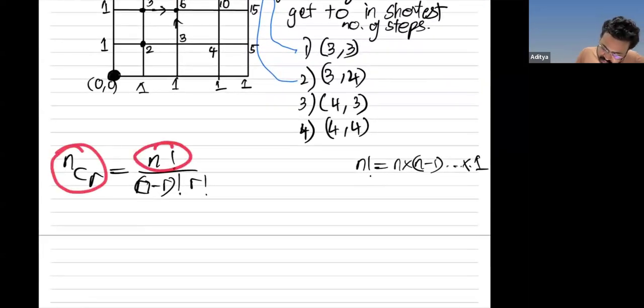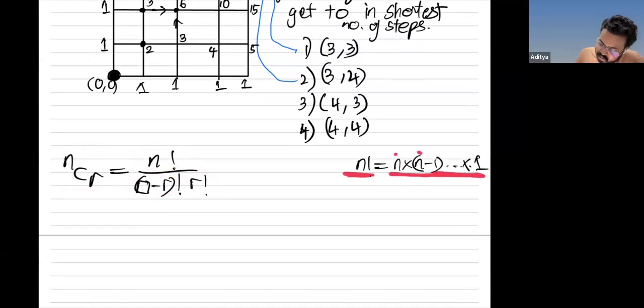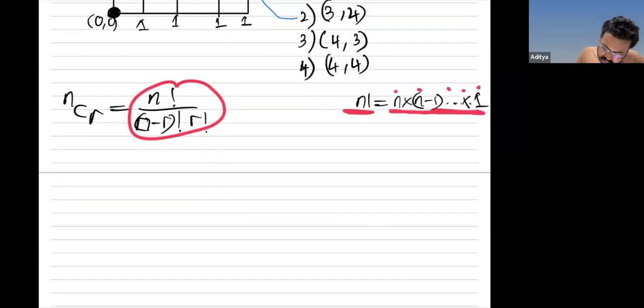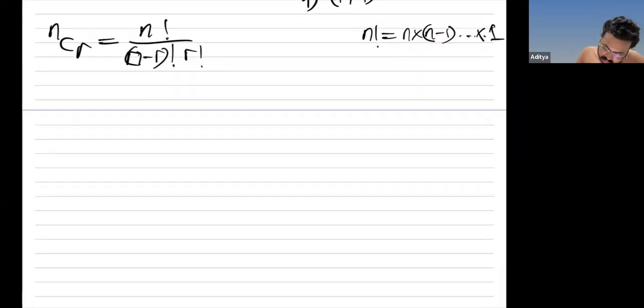nCr notation is n factorial upon n minus r factorial, where n factorial is the product of all integers n, n minus 1, n minus 2, all the way up to 1. This you can also find in the Pascal's triangle.